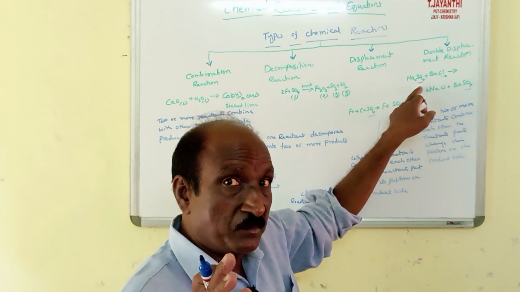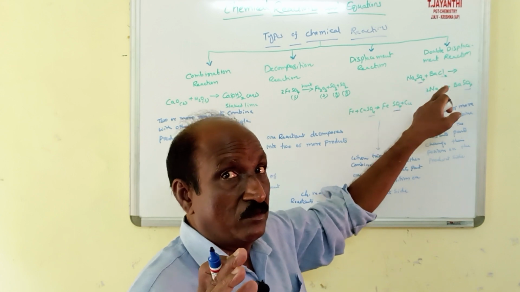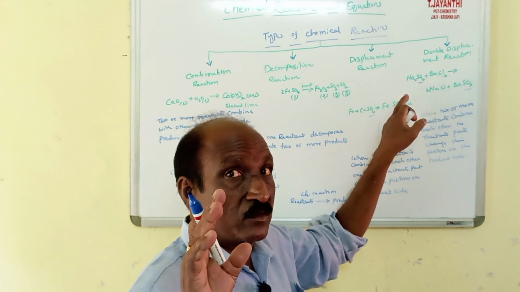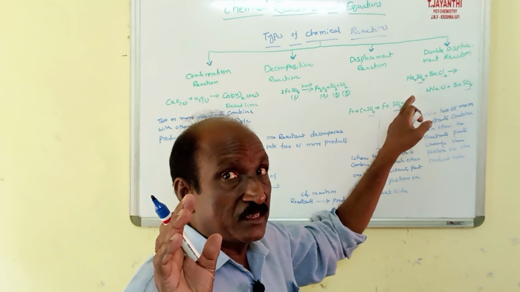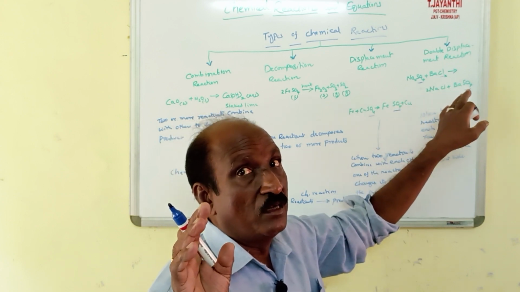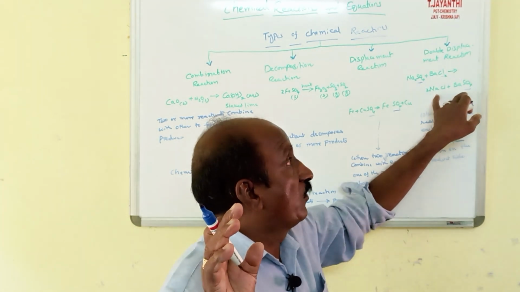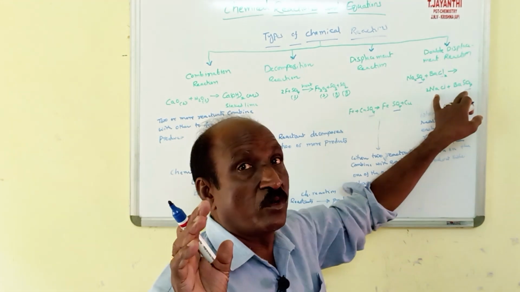And here, double displacement means the two reactants must be compounds, and these compounds exchange their positions to form new products on the product side.